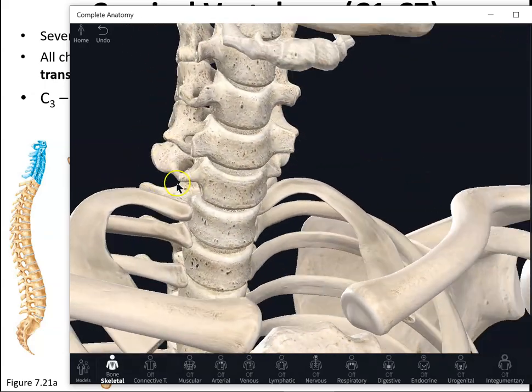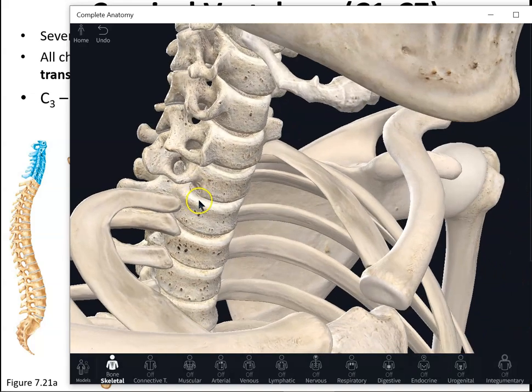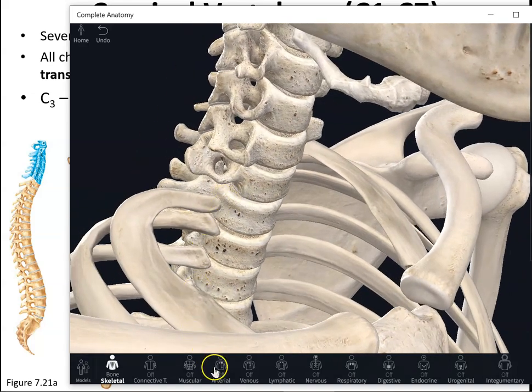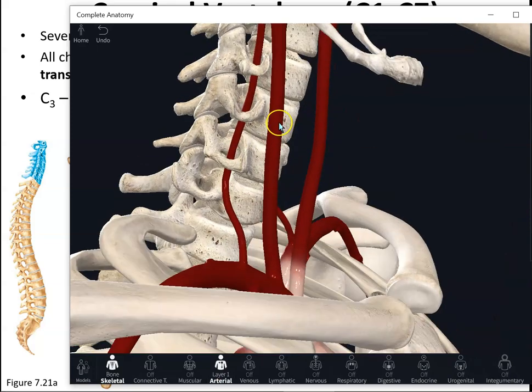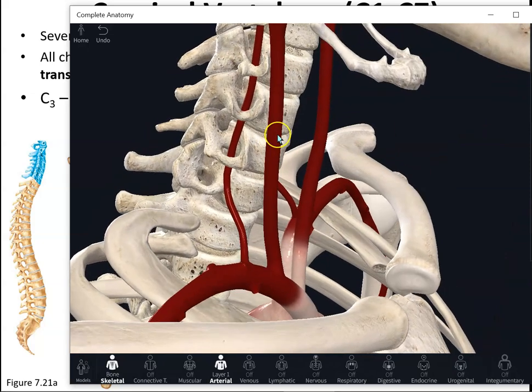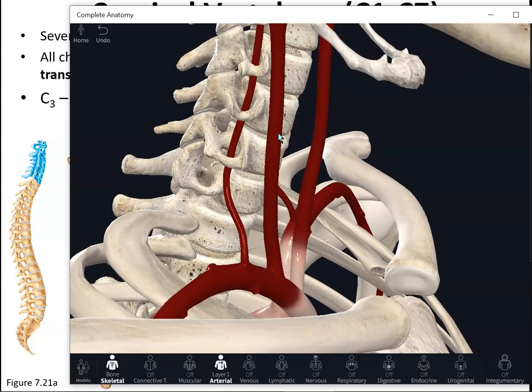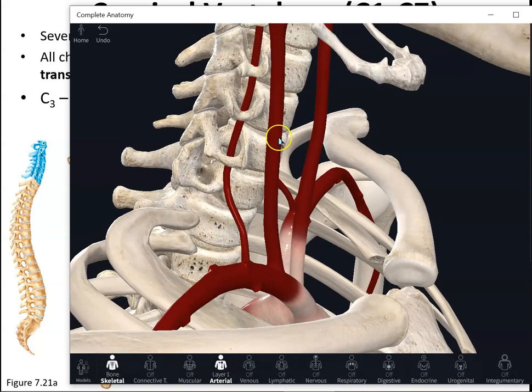They aren't there on thoracic or lumbar. And what those are for, primarily, is the vertebral arteries, which are one of the 2 routes blood can take to get into the brain.